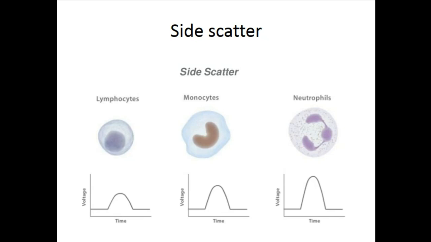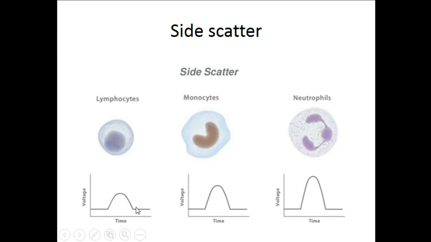Now, for side scatter. As I said previously, side scatter gives us an indication of the internal complexity of the cell. If you look at the lymphocyte, there's very limited internal complexity, which is why you get this low voltage.